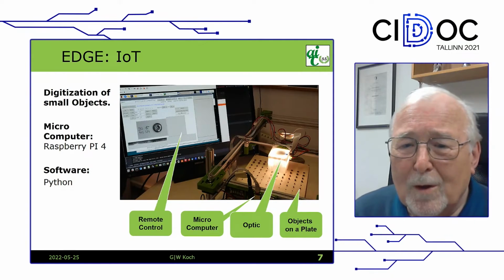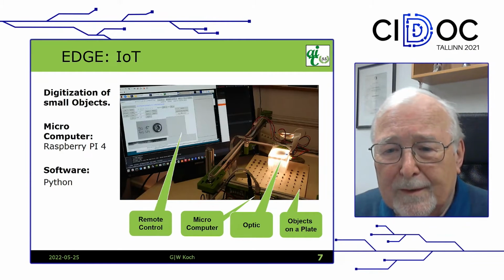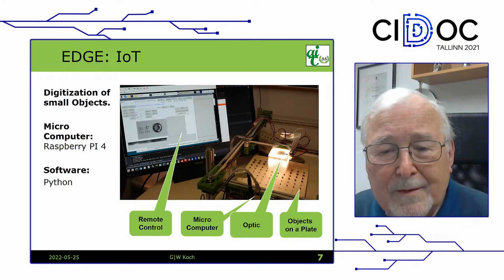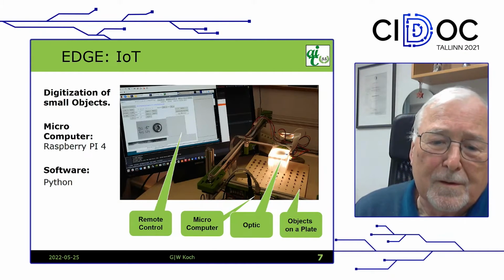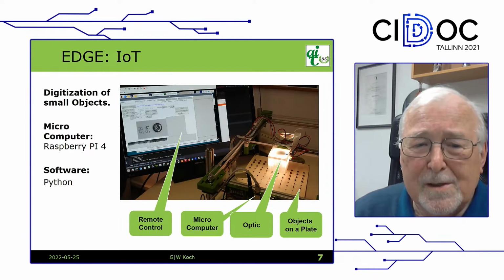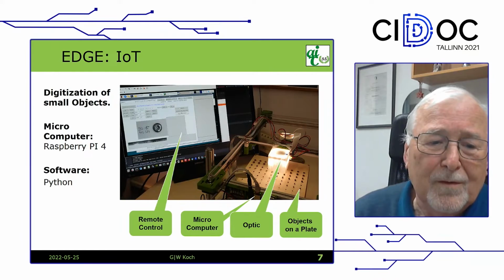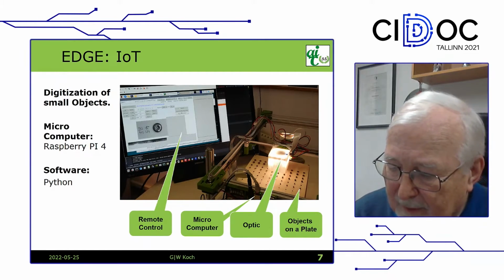I'm aware of a German company who has developed a device for digitizing small animals, for example. And the computer, you see as a Raspberry Pi 4, the latest edition, which has the power of a normal PC. And the software is patented if you are interested in the technical details.